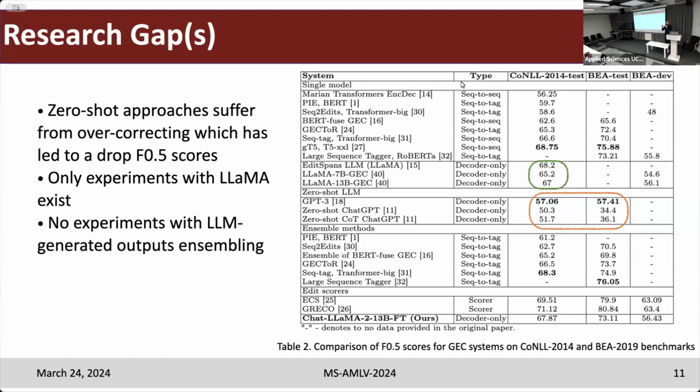That's mostly because F0.5 is precision-oriented, and large language models are trained to rephrase the input text, not just correct precisely each token. That's why we have a pretty huge drop in this score on both metrics. The same goes for ChatGPT, the GPT-3 previous version, which also has pretty low numbers.